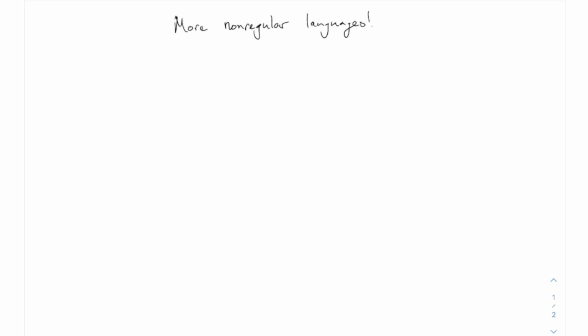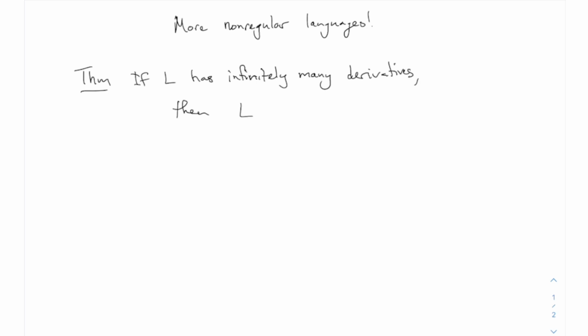All right, it's time. So I want to do some more examples of non-regular languages, showing that a language is not regular by using derivatives. Remember the big theorem from last time: if L has infinitely many derivatives, then L is non-regular.